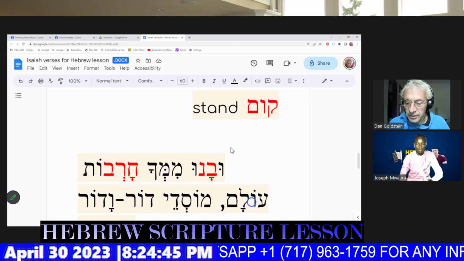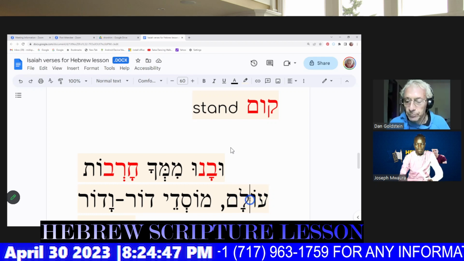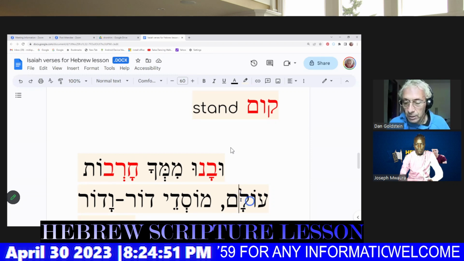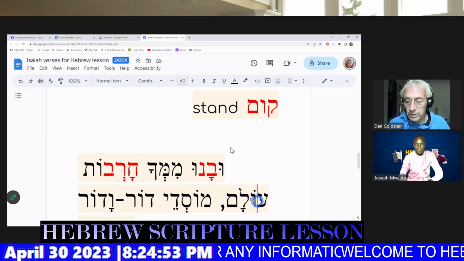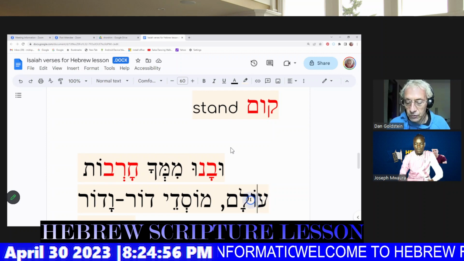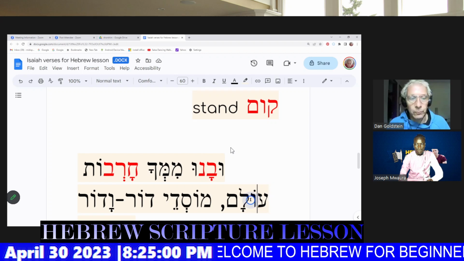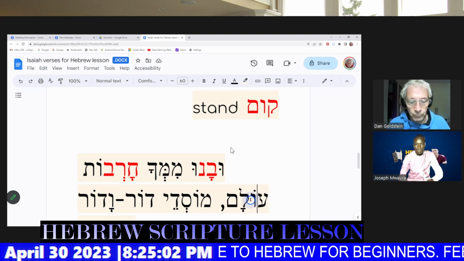There is a promise that they will be built up. That would be my try, Joseph. You could also do a good job with this, as you are very skilled with interpreting the verses also. So uvanu mimcha charvot olam. Your destroyed places shall be built up.